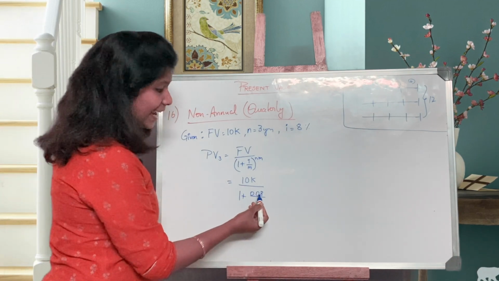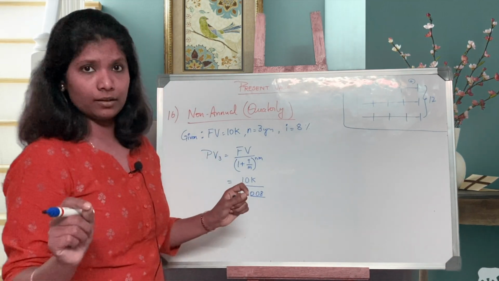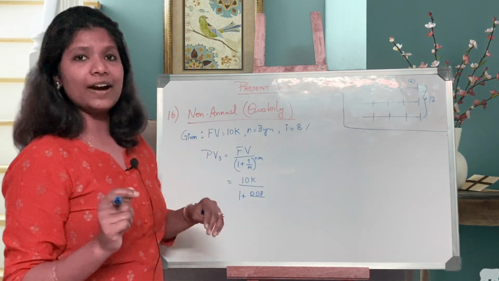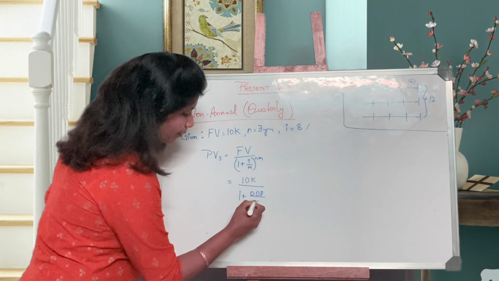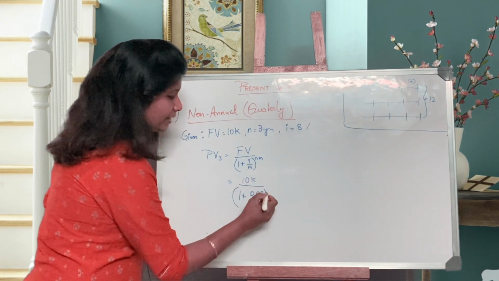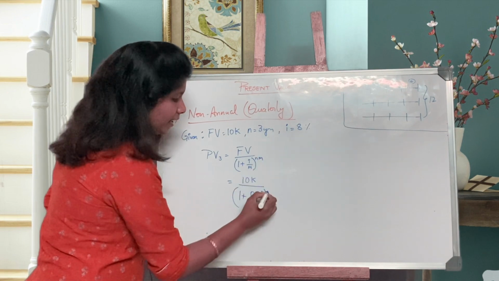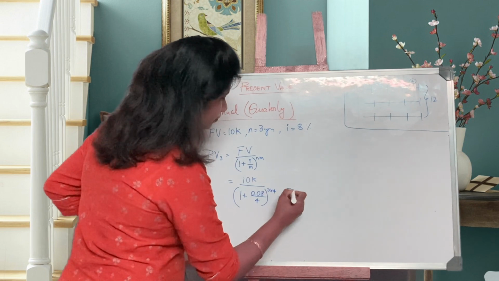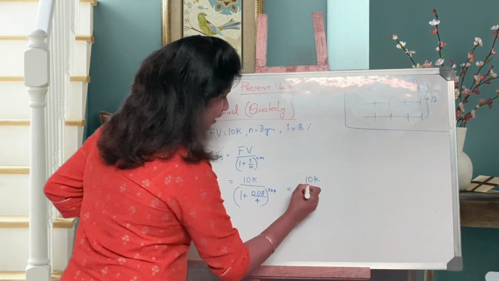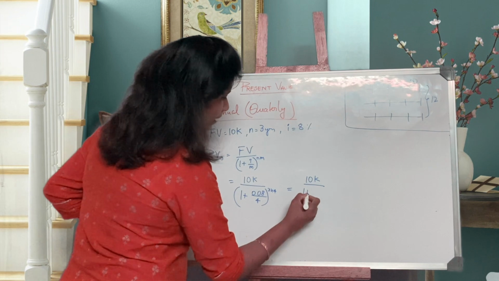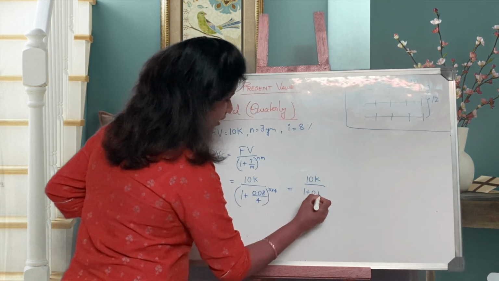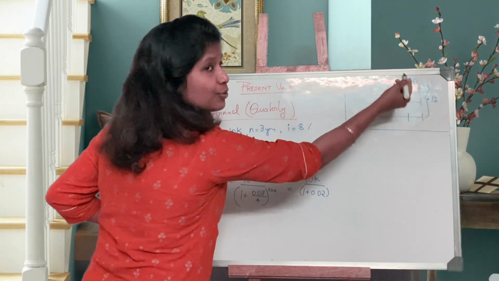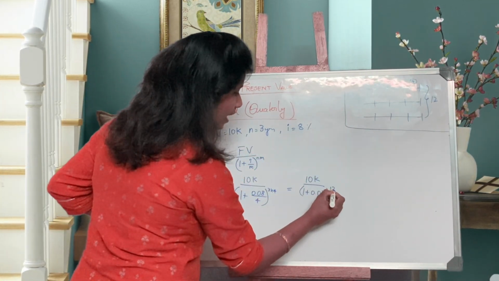So I am going to divide this 8%, which is meant for 1 complete year, by 4, since I am paying it 4 times a year. And N is 3 into 4, which is 12, the number of payments.